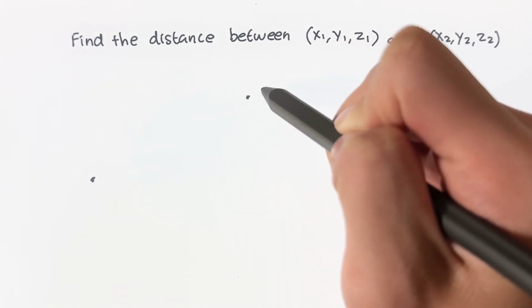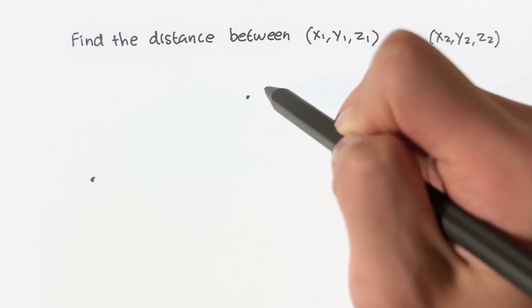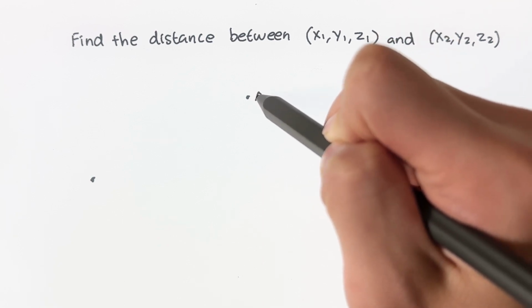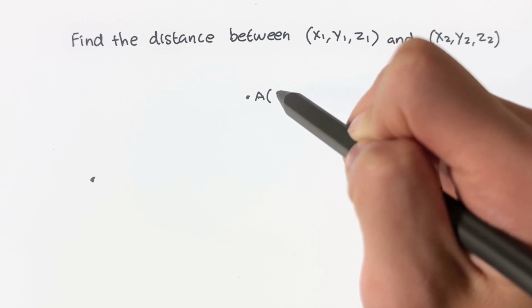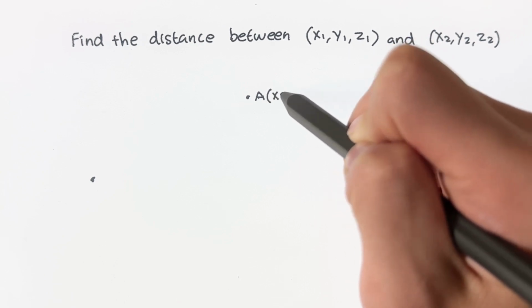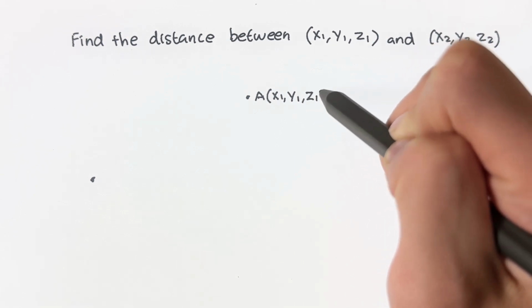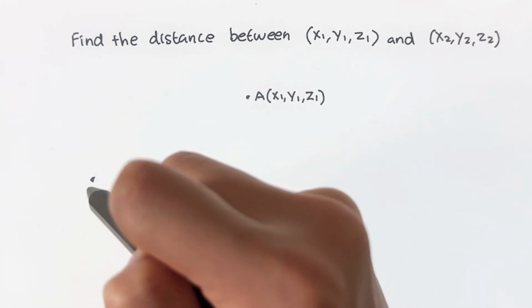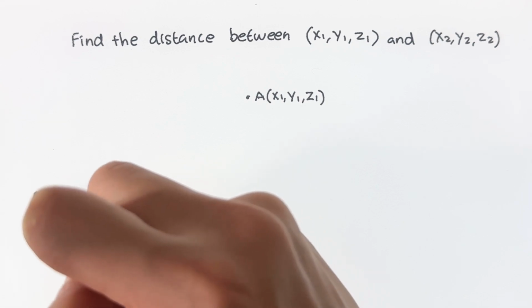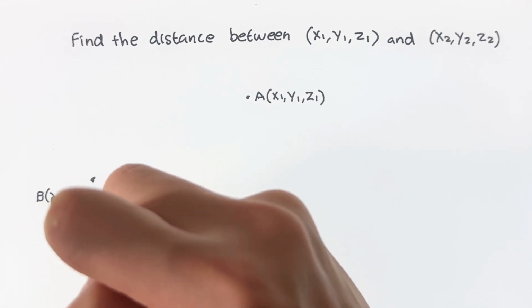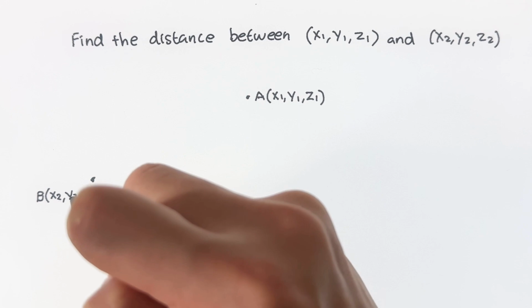So we can call this point A, x1, y1, z1. Then we can call this point B, x2, y2, z2.